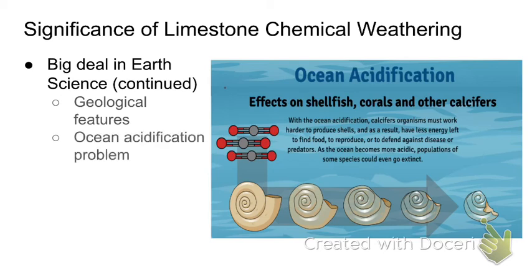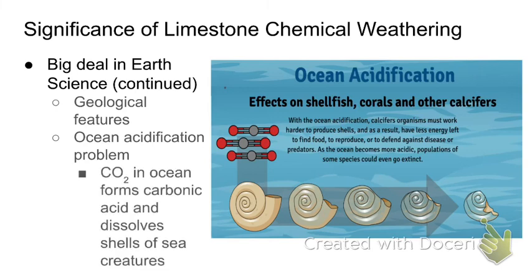And then another big issue that we're dealing with these days is this ocean acidification problem, kind of related to the climate change issue where we're burning fossil fuels, putting a lot of CO2 in the atmosphere. When that CO2 gets in the water, it forms carbonic acid, and that carbonic acid dissolves the shells, and you can see the process here, what's happening.